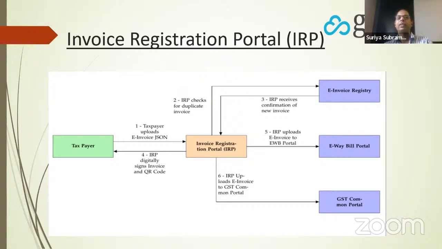The invoice gets saved, and the IRP also uploads it to the e-waybill portal, so you can immediately generate e-waybills. The IRP also sends it to the common portal, where it will get populated. And finally, the IRP sends the details back, the digitally signed invoice, to the taxpayer. So with the digital signature and the digitally signed QR code, you can make sure that you have generated the e-invoice, and this will be your proof.